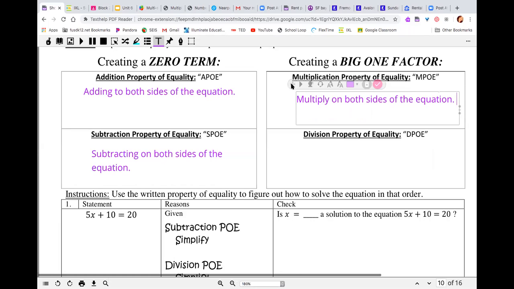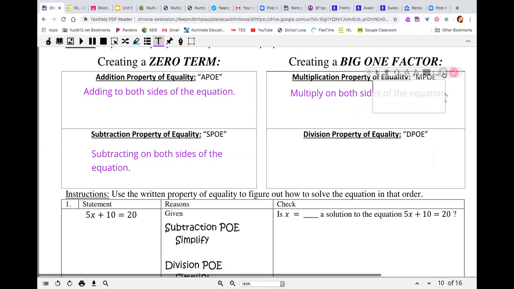And can someone explain to me, maybe Ethan, why we're doing it to both sides of the equation and not one side? Why is that important to do it on both sides of the equal sign?